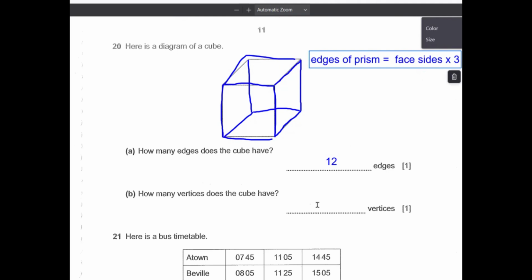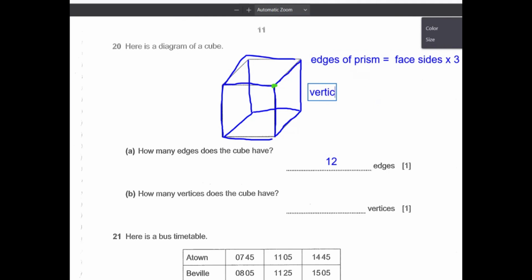Do you know what a vertex is? The vertex is the corner, right? And with the same idea, you could also have a rule for it.